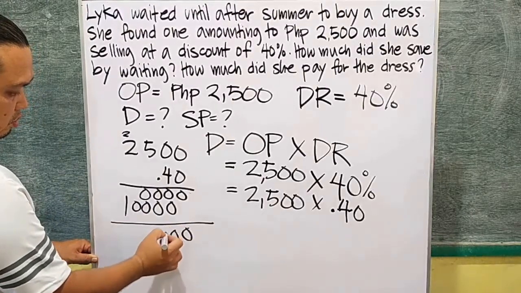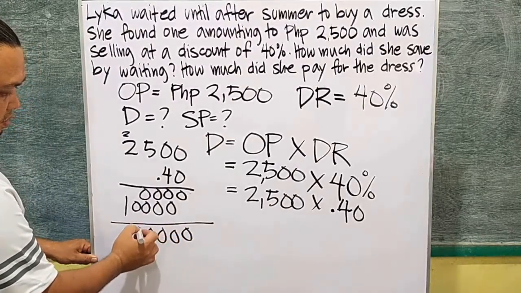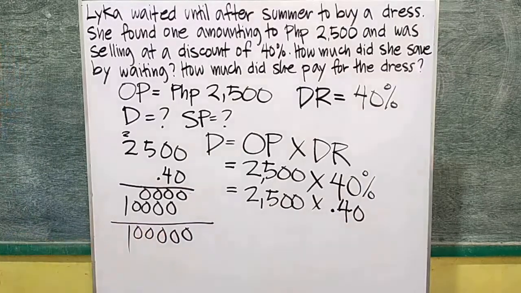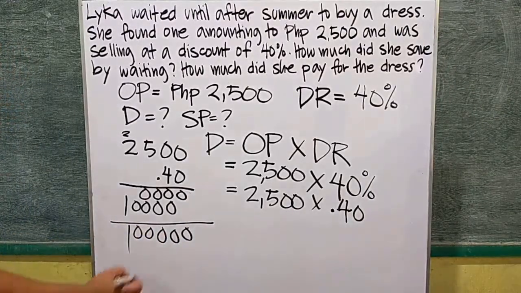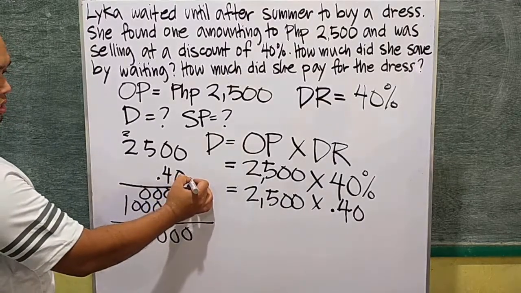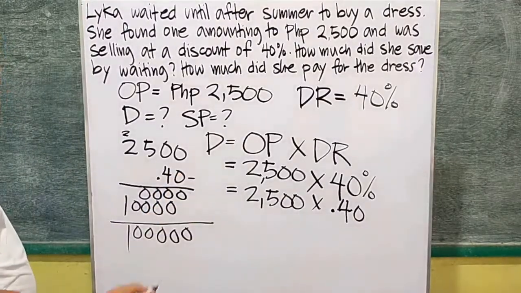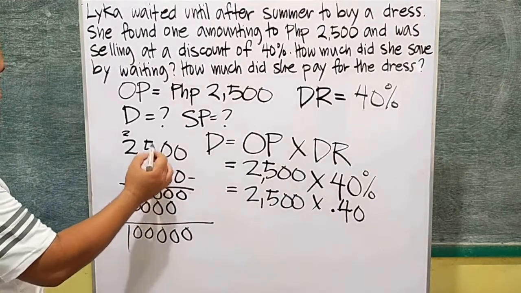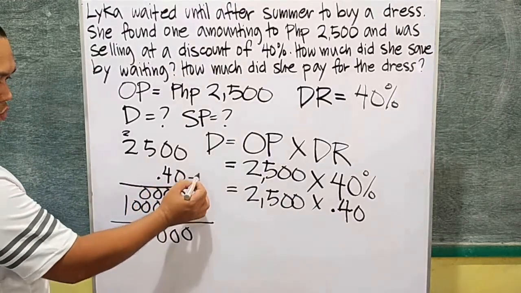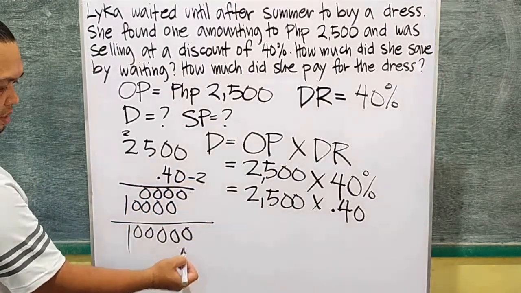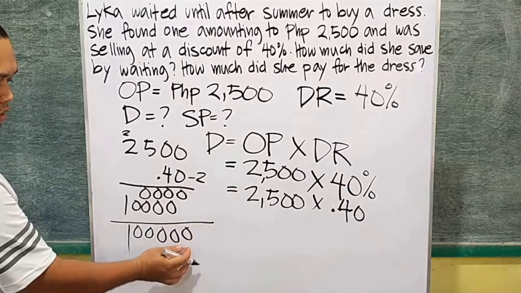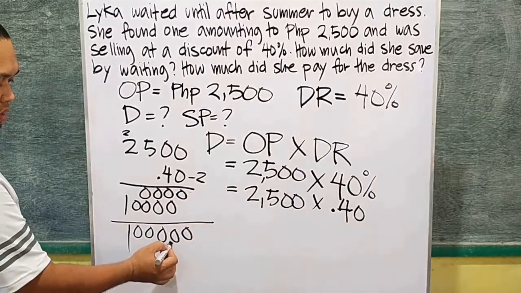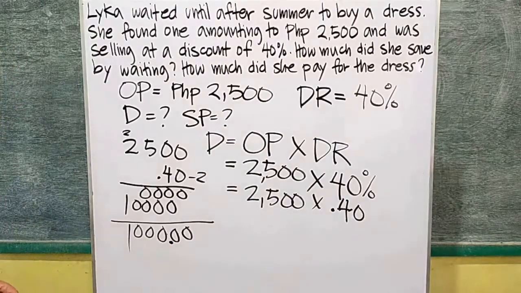Okay, so where do we put the decimal point? It depends on how many digits after the decimal point our factors have. From here, there are 2. So we're going to move the decimal point 2 steps to the left, 1, 2, and here is our decimal point.